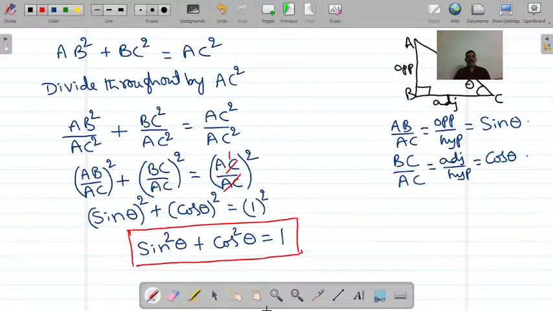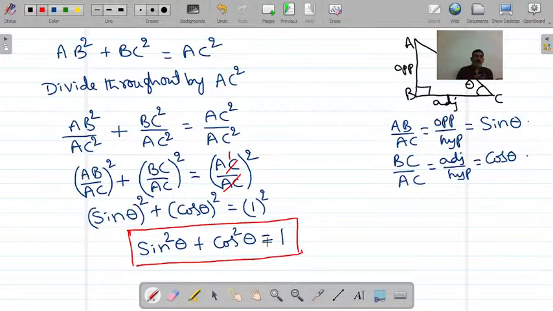I hope you understood this. Okay. Is it clear to all of you? A simple procedure. Just simply we are considering Pythagoras theorem and we know that AC square is equal to AB square plus BC square. Correct? So simply we are making use of that result and dividing throughout by AC square.